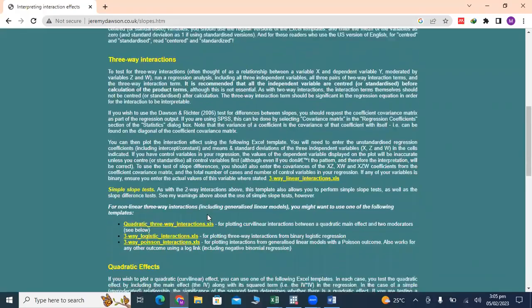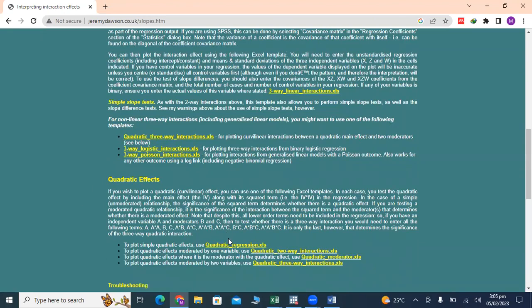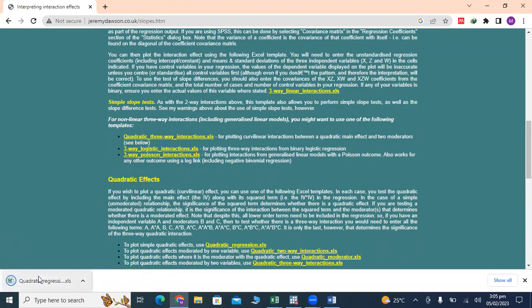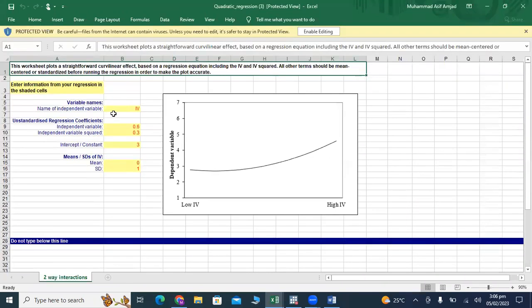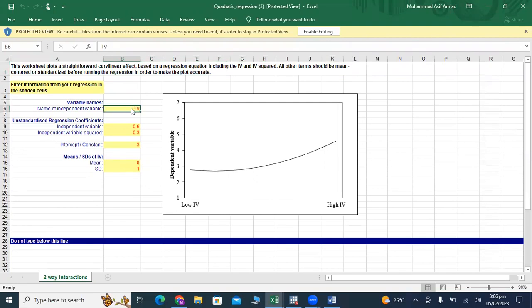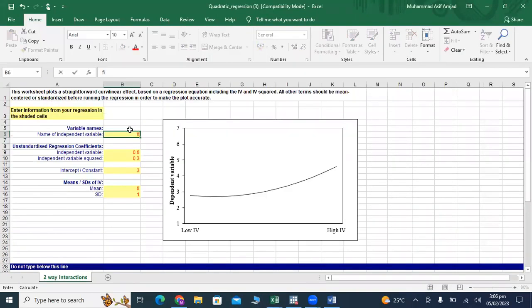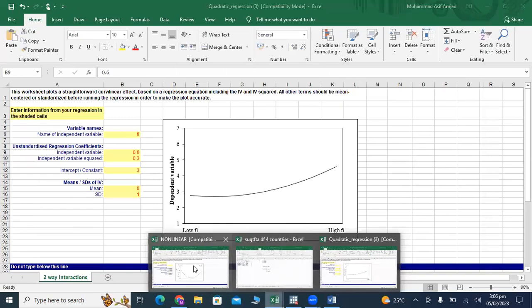Moving downward, this is the quadratic effect. It's downloaded here. In this, put the name of the independent variable right here, financial inclusion. Enable editing, and plug in the independent variable and independent variable square coefficients, constant, mean, and standard deviation.